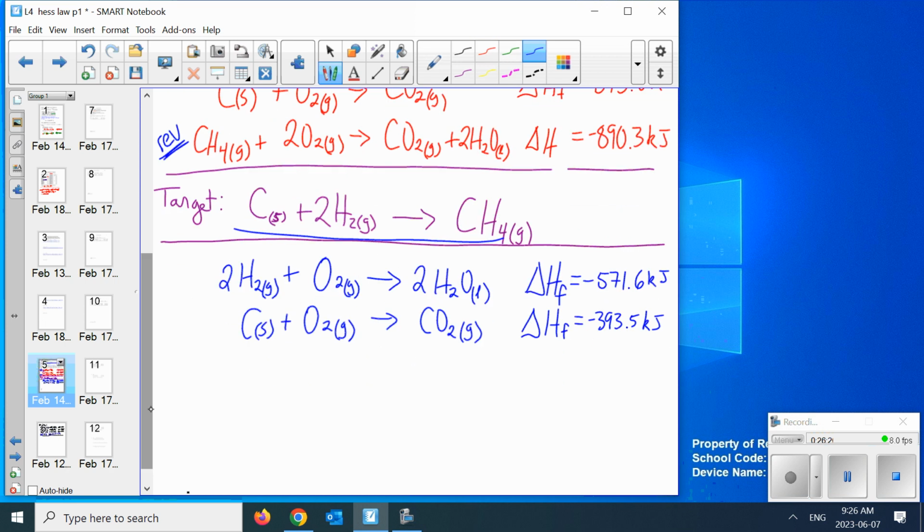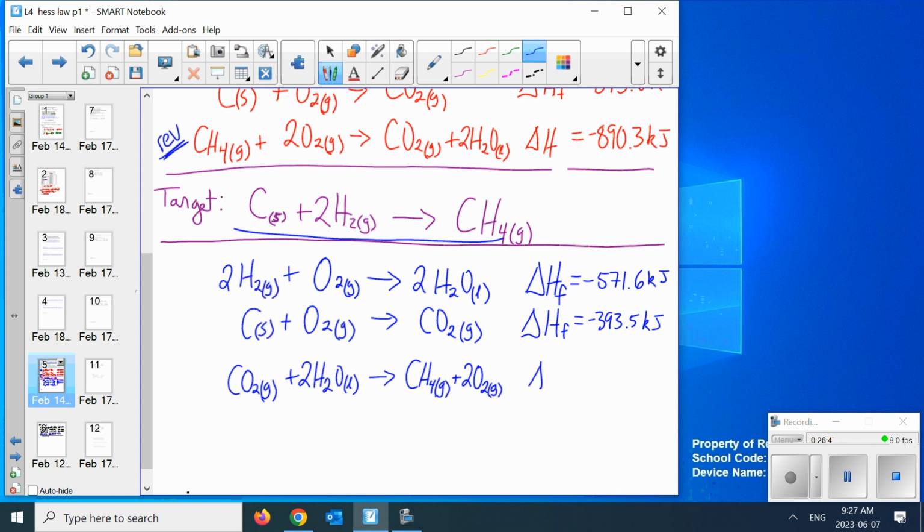When I reverse that one, that means products and reactants are reversed. I'm going to just put the CO2 on the left, two waters on the left, arrow, CH4 on the right, two oxygens on the right.